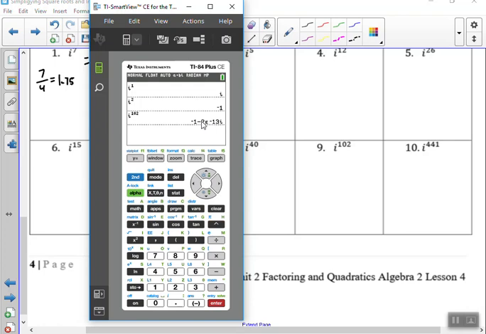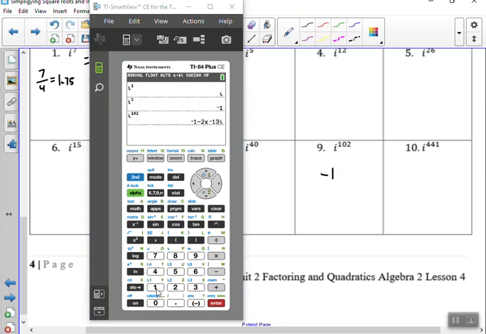So the way I read this is, this e to the negative 13 is basically like saying 0, because it's a very tiny number, but to you all that means is a 0. So if I take this part out, what do I have left here? Just negative 1. So the answer here is negative 1.